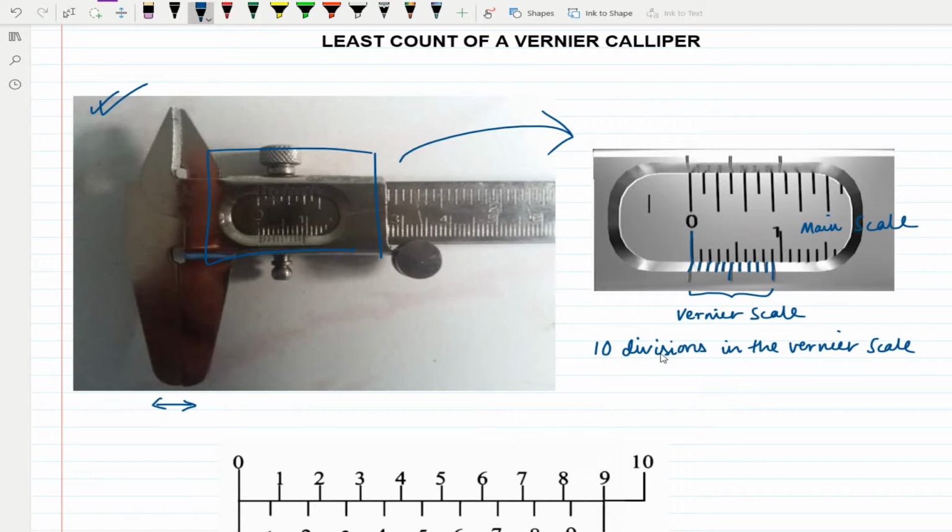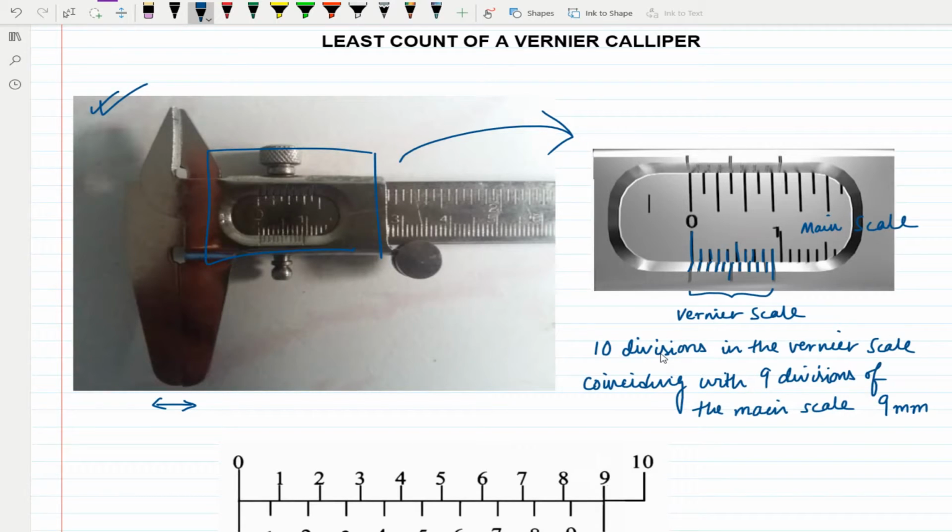So there are 10 divisions in the vernier scale, and if you notice closely, these 10 divisions of the vernier scale are coinciding with 9 divisions of the main scale. If you see closely, this is the first division of the main scale, 1, 2, 3, 4, 5, 6, 7, 8, 9. So 9 divisions of the main scale, that is 9 millimeter.